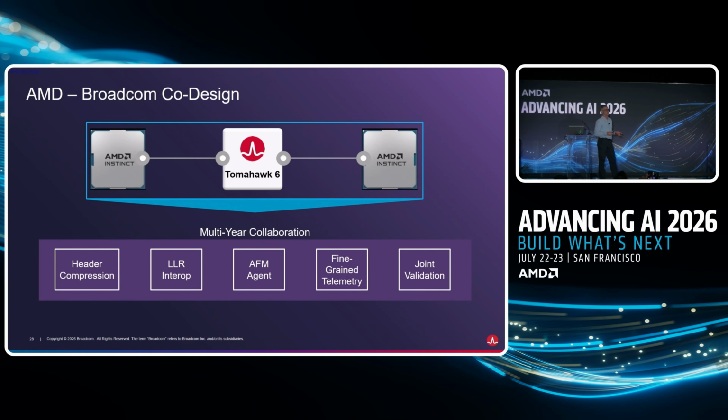We enable fine-grained telemetry that is used for congestion control, for load balancing, et cetera. And then finally, joint validation. We jointly specified features. We did pre-silicon validation and post-silicon validation. This was really critical, especially since many of these features are being standardized now, but were not standardized when we embarked upon this project.